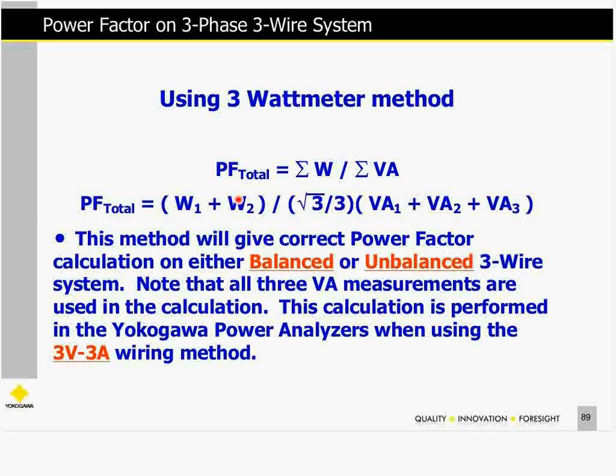Total watts is still a 2 wattmeter method. Now we look at all 3 of the VAs, multiply by the square root of 3, and then we divide by 3 to get the average. Now this works on either a balanced or an unbalanced 3-wire system. That's one of the advantages of using our 3-voltage, 3-current wiring method.